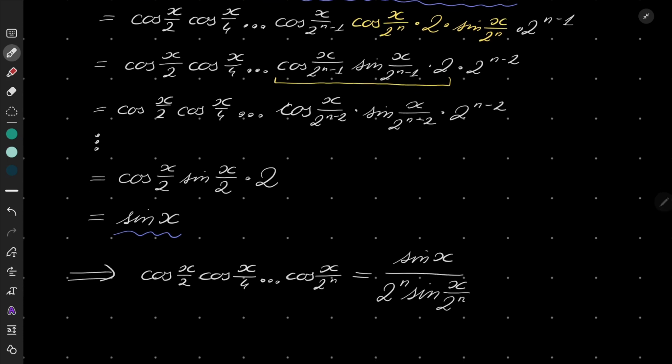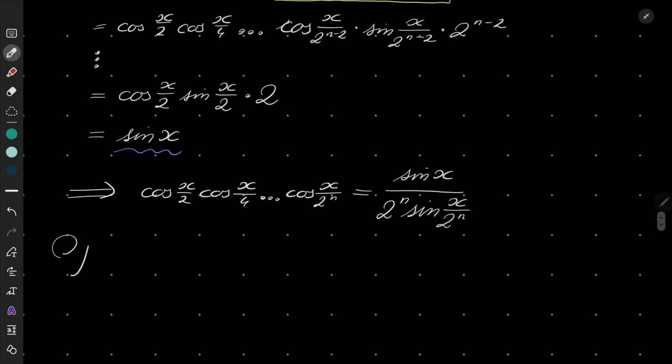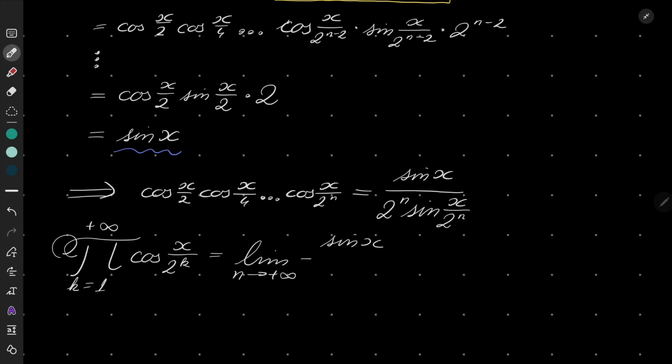Okay, so now our infinite product is just the limit as n goes to infinity of sine of x over 2 to the power n times sine of x over 2 to the power of n.